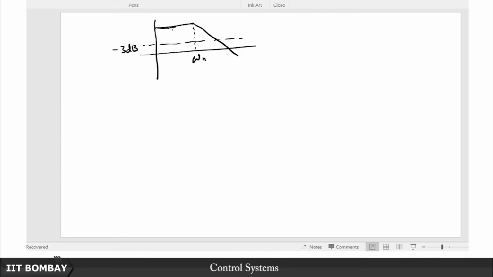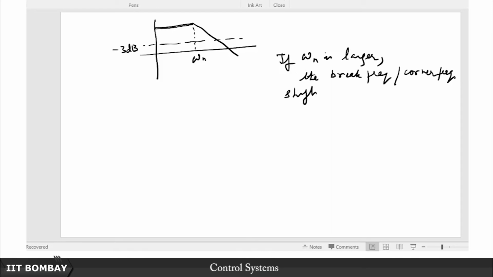Now the point is that if omega n is larger, the break frequency, or the corner frequency as I am calling it, shifts right.